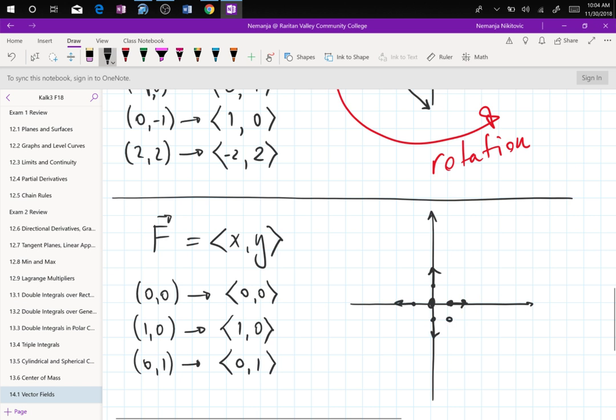So now, all of these vectors, I'm just going to draw a whole bunch of them. And then there'll be vectors in between like that as well. You can compute every single one of these because you can pick any point you want and plug in.